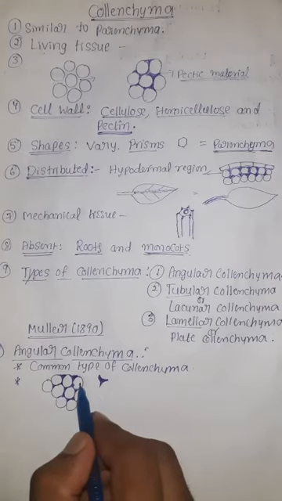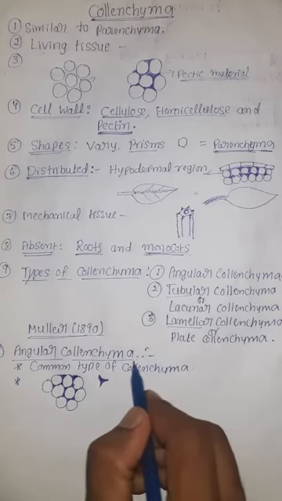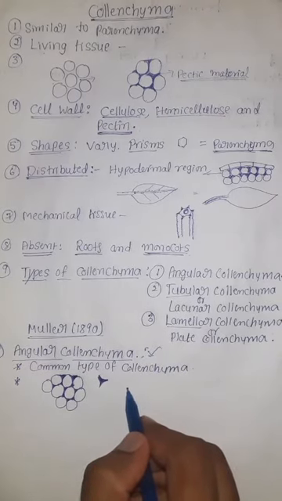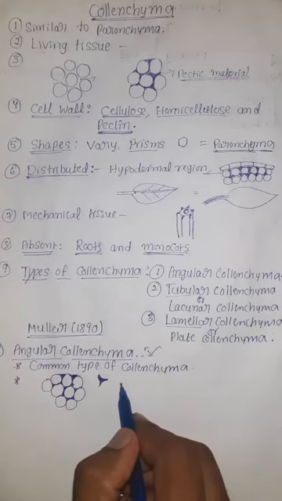That's why it is named angular collenchyma. It is the most common type found in plants.